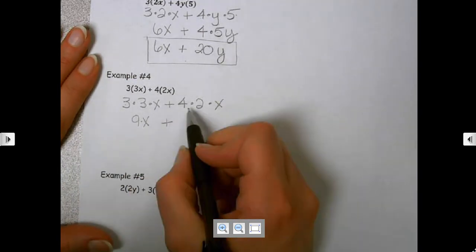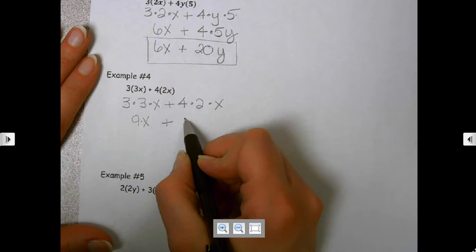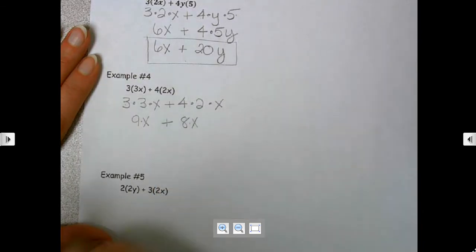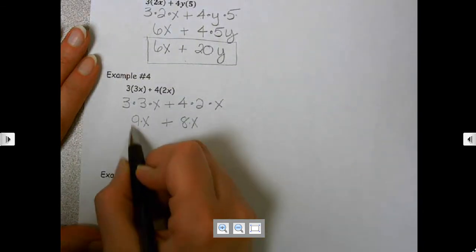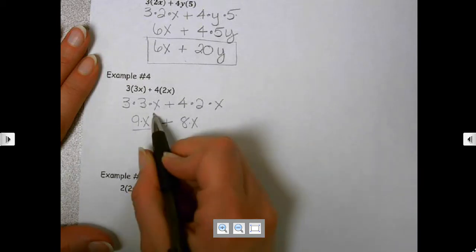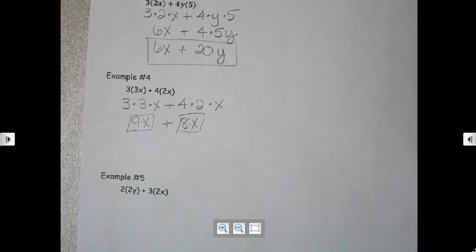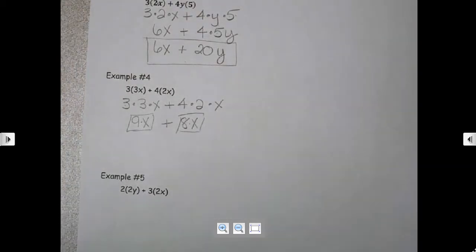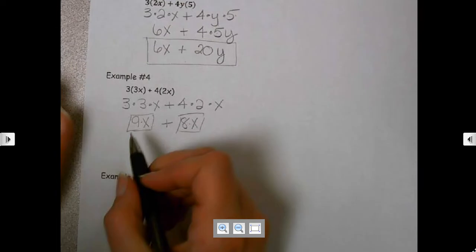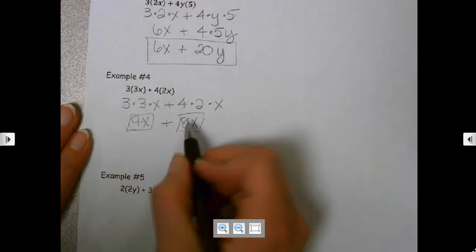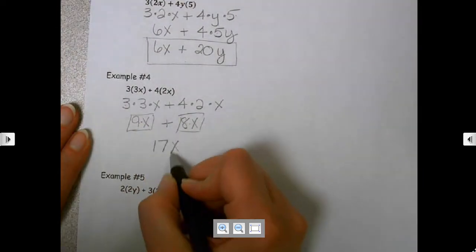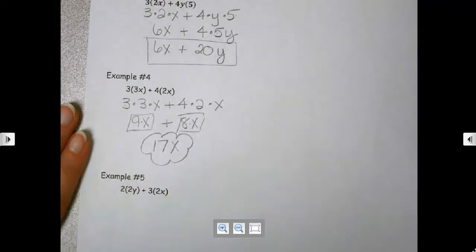On my right, 4 times 2 is 8. Bring down the x. And if I take a look, I notice that I have 9x plus 8x. I hope that you realize that 9x and 8x are like terms, so we can combine those. We're going to add the coefficients. 9 plus 8 gives us 17 x's, and we have simplified.